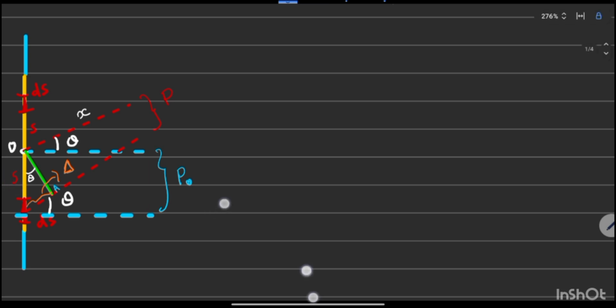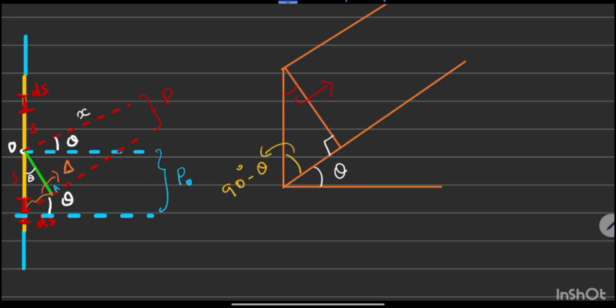Now we know this angle is theta, and if this angle is theta, then what is this angle? To understand this, consider this triangle. We know this line is drawn as a normal to this ray 2, so this angle is 90 degrees. So if this angle is theta, then what is this angle?